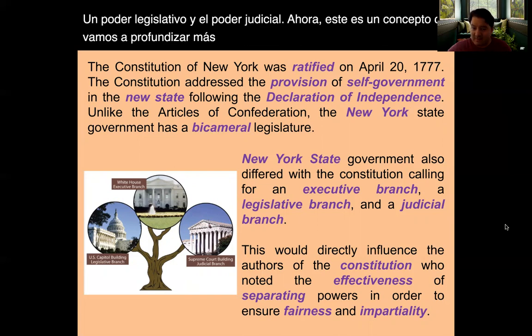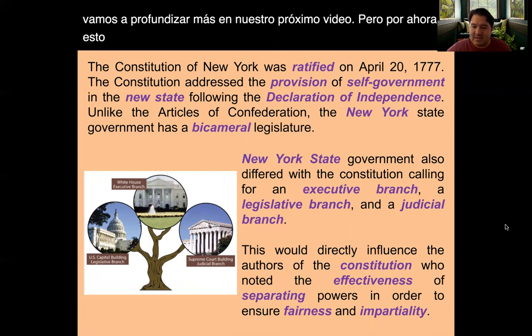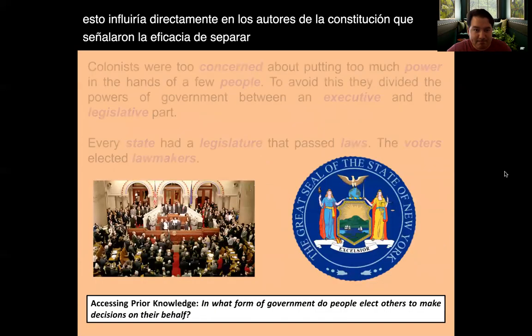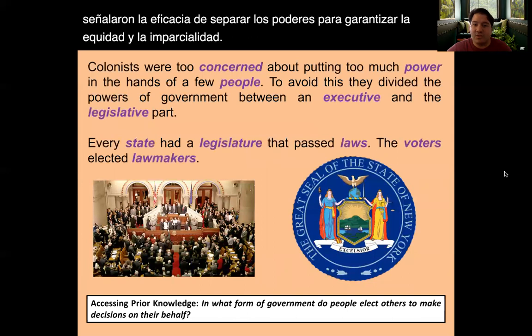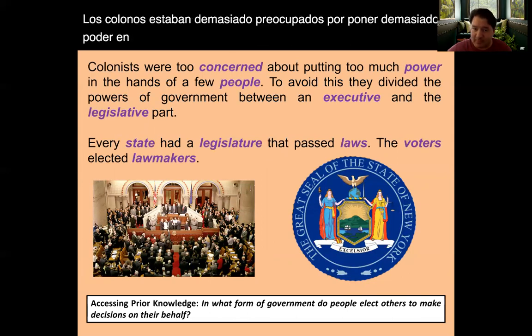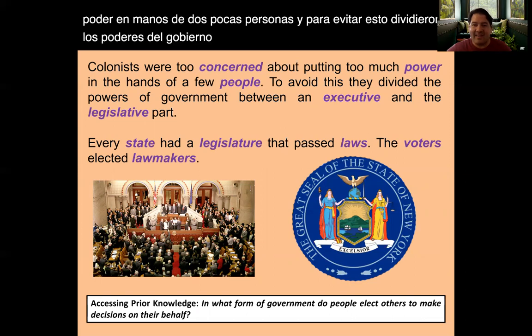But for now, this would directly influence the authors of the Constitution, who noted the effectiveness of separating powers in order to ensure fairness and impartiality. Colonists were too concerned about putting too much power in the hands of too few people. And in order to avoid this, they divided the powers of government between an executive and the legislative, or the legislature.